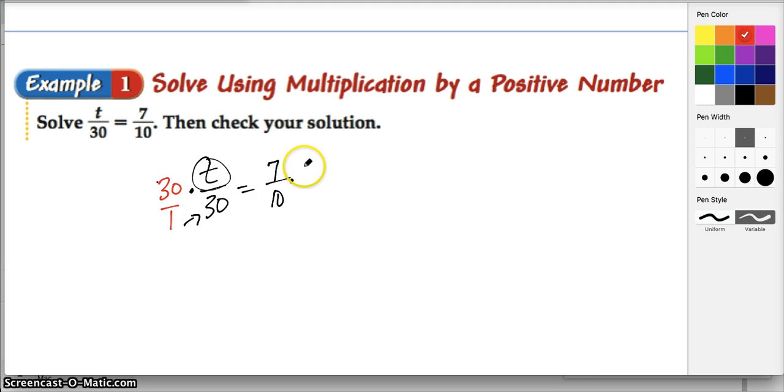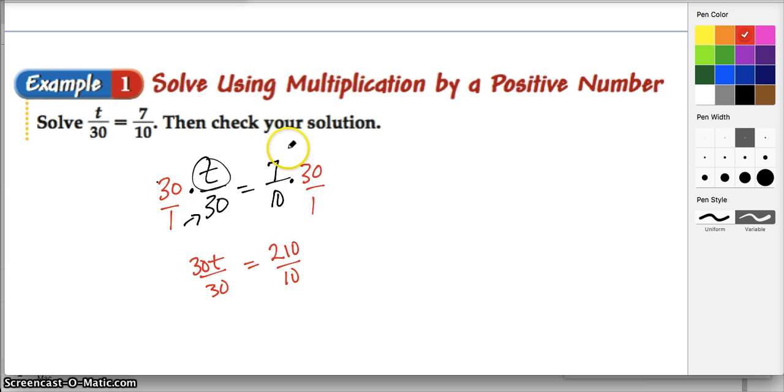All right? And I know this gets into multiplying by fractions, but we're getting good at this. To multiply fractions, we multiply top times top, bottom times bottom, or numerator times numerator, denominator times denominator. So it would be totally legit to write 30t over 30 is equal to 7 times 30, 210 over 10.